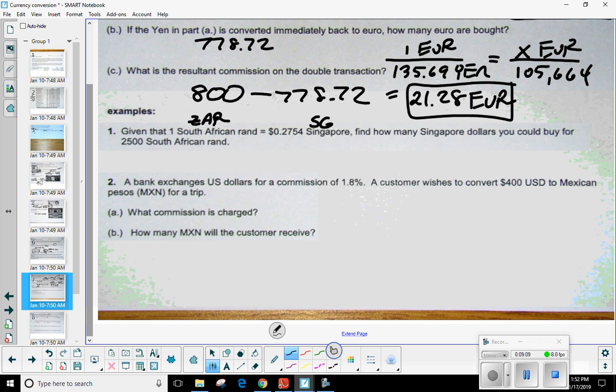Okay, so SGD. Find how many Singapore dollars you could buy for 2,500 South African rand. All right. So again, just a proportion. They're giving you the conversion right here. Okay. So all I need is somebody to come on up, show me the proportion, and we'll get the value.